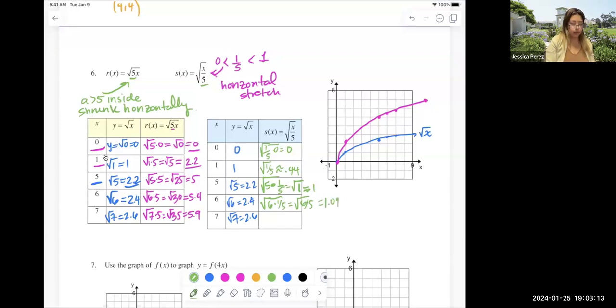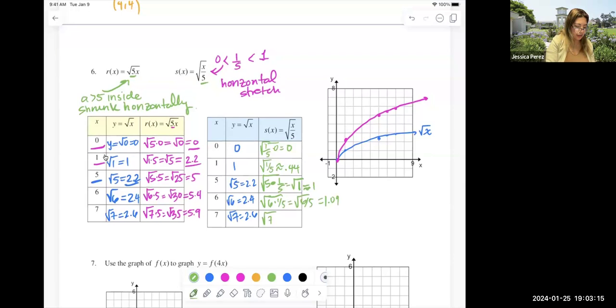So very close to 1. And then the square root of 7 times 1 over 5, the square root of 7 over 5 is roughly, again, approximating using your calculator. That's why it's so important to have your graphing calculator with you. That's 1.18.